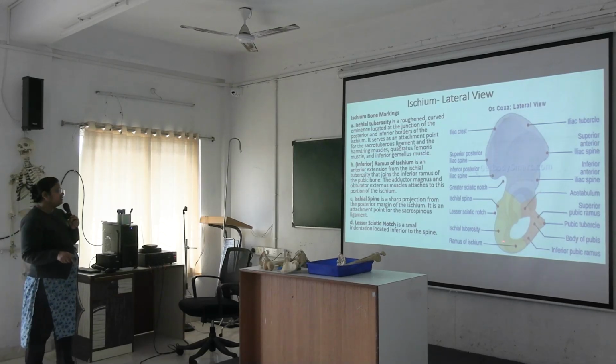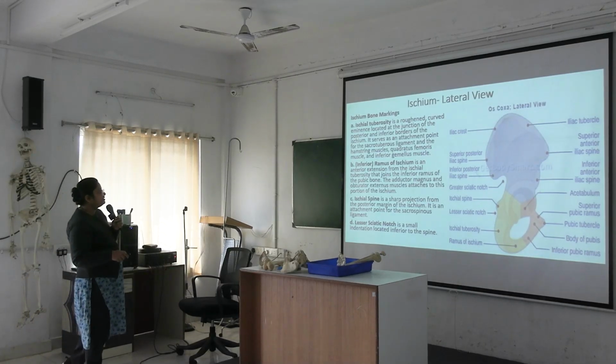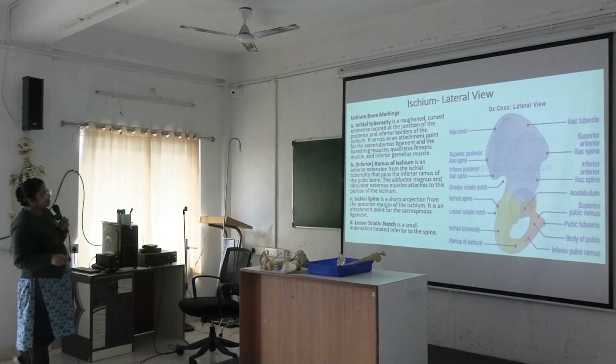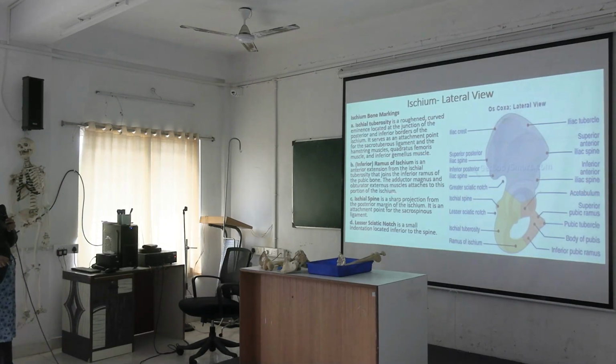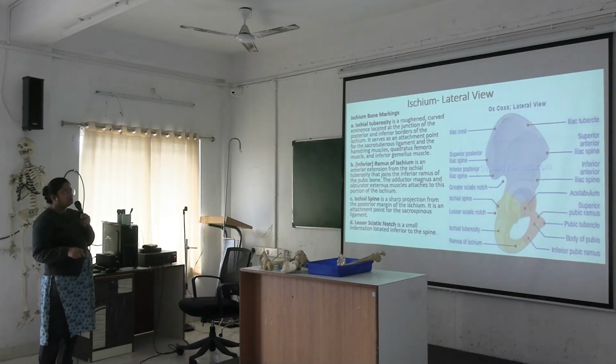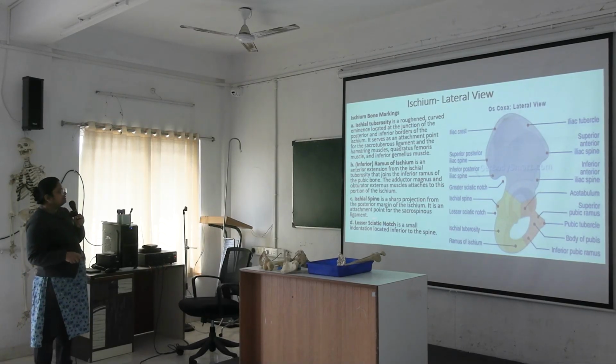Inferior ramus of ischium, this one is the inferior ramus of the ischium. It is an anterior extension from the ischial tuberosity and joins the inferior ramus of the pubis, and the adductor magnus and obturator externus muscles are attached to this portion of the ischium. Next is the ischial spine. This part is the ischial spine.